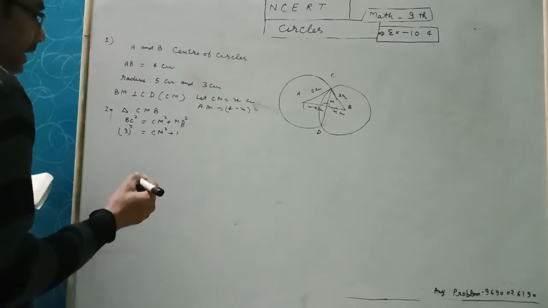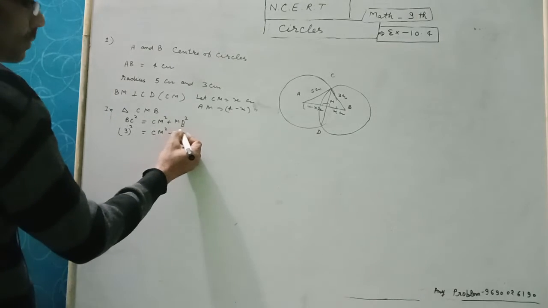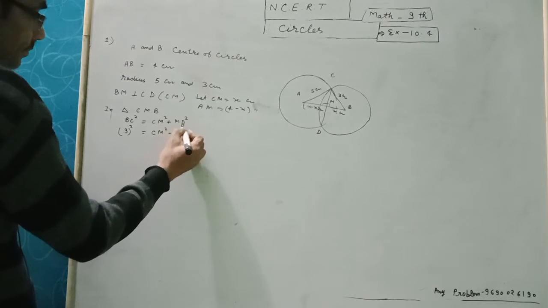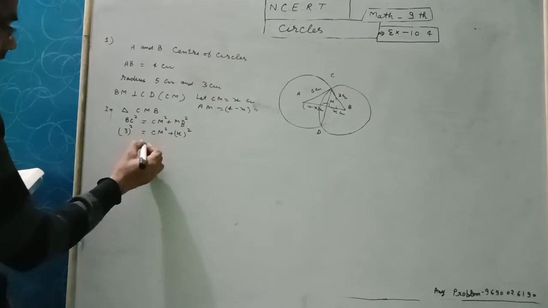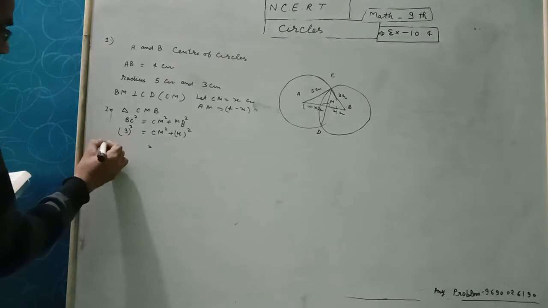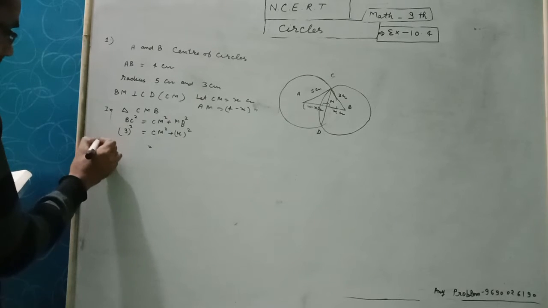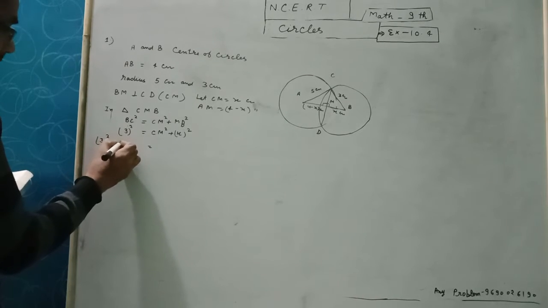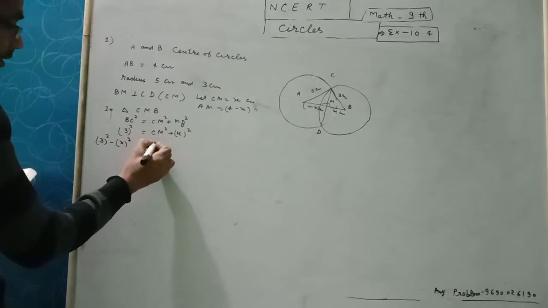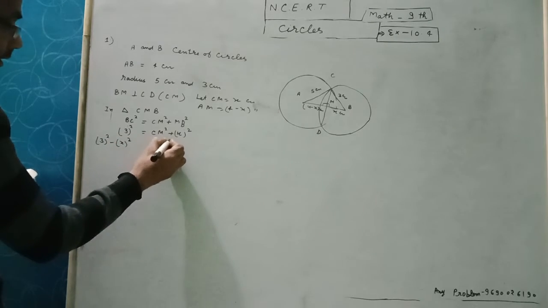Find the value of CM. CM square plus x square is equal to 3 square, so 3 square minus x square is equal to CM square.